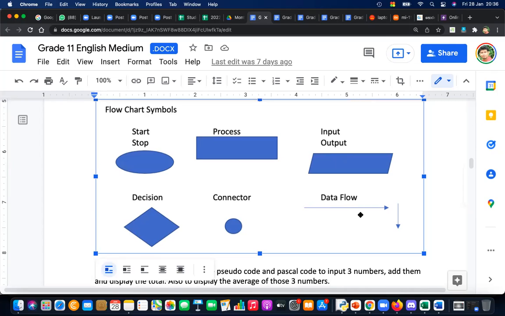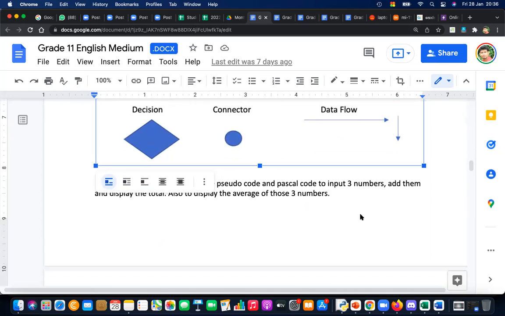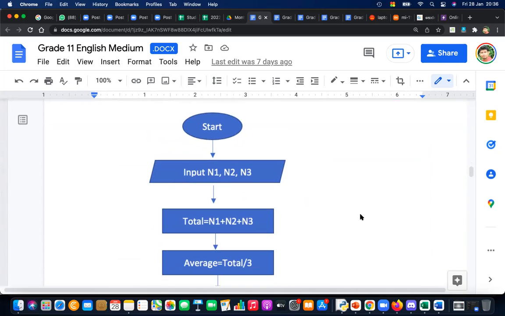Data flow is shown by arrows, right? So that is about this diagrammatic tool. Let's see an example for sequence.